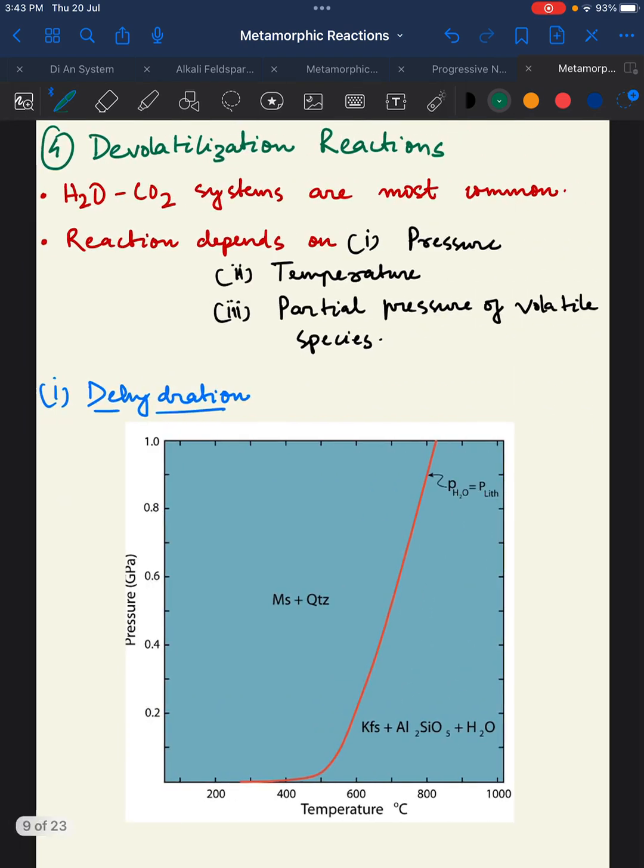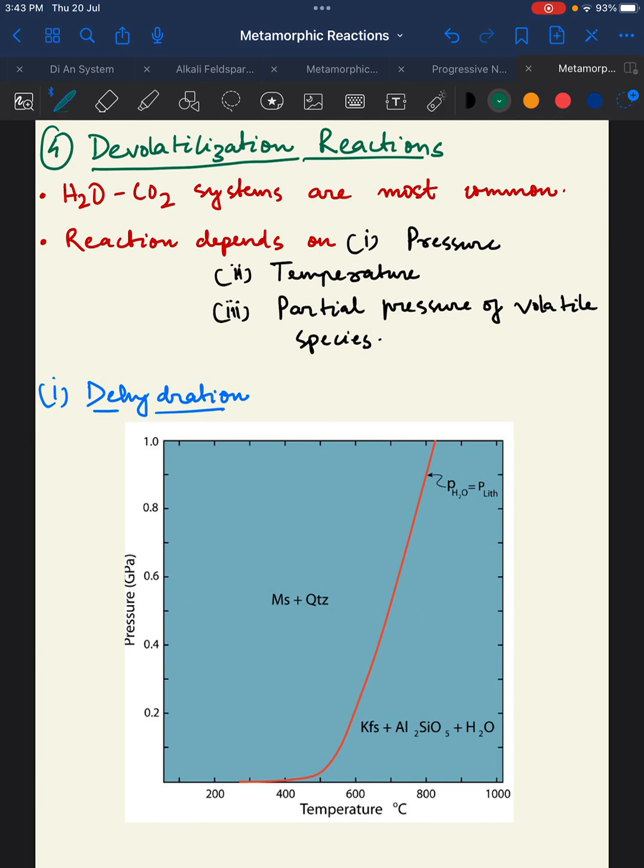Now, devolatilization reaction. Volatilization refers to the volatiles that are present in the structure of a mineral. Devolatilization means that the volatile phase is getting removed from that mineral structure and forming an independent phase. H2O and CO2 systems are generally the most common, and both are volatiles.